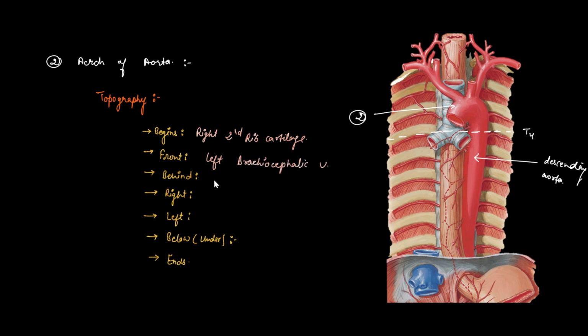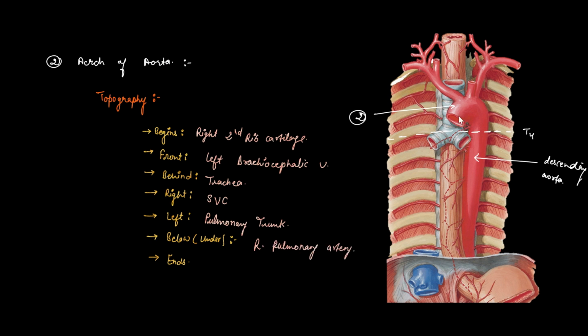Behind, it is in contact with the trachea. On the right side, it is in contact with the superior vena cava. On the left lies the pulmonary trunk, and under the convex surface of the arch of aorta passes the right pulmonary artery.